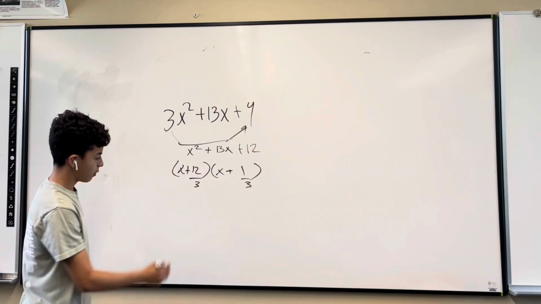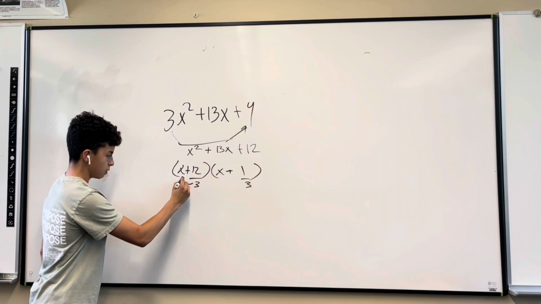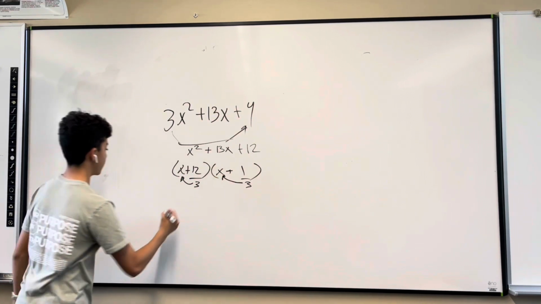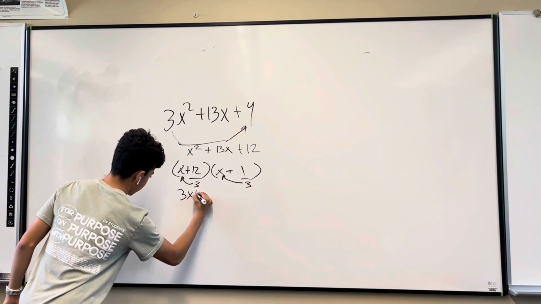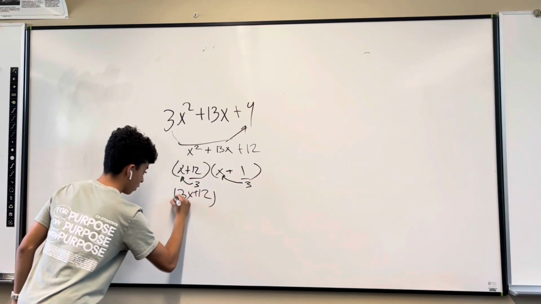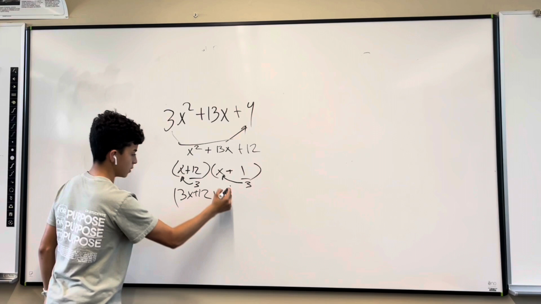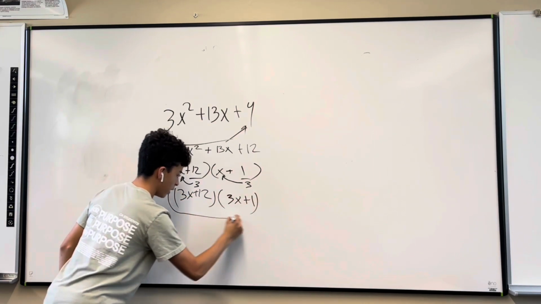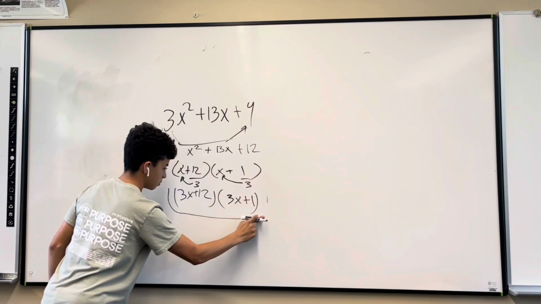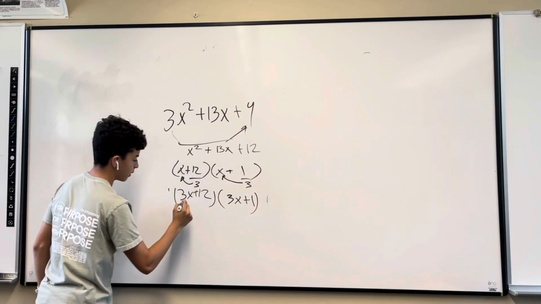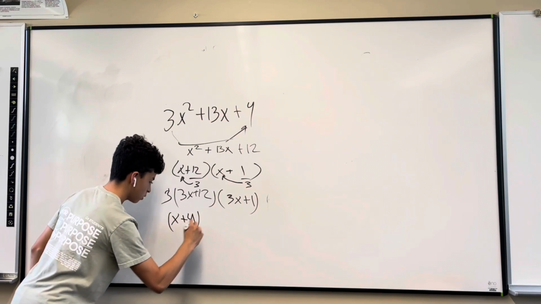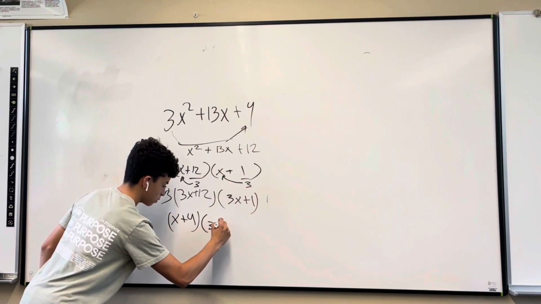Rather, you're just going to move this number to your x. It sounds kind of weird, but it works. 3x plus 12. Move this. 3x plus 1. Oh, missed something. Also, make sure you simplify. So we're going to factor out 3. x plus 4. And 3x plus 1.